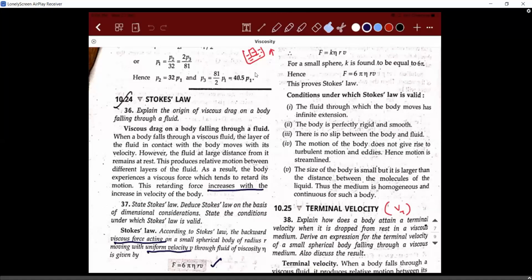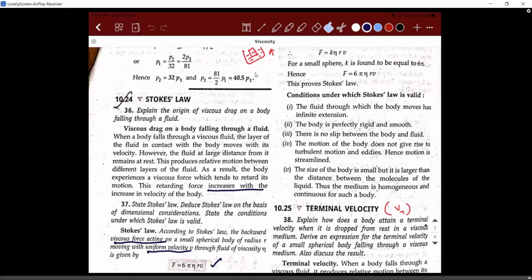So due to this, what happened? There was a relative velocity appearing between different layers of the liquid in the vertical direction, due to which, what can you say? There is a viscous force which acts tangential to the object, right? The viscous force will keep increasing as it moves in the downward direction, and at one point it will become a constant.